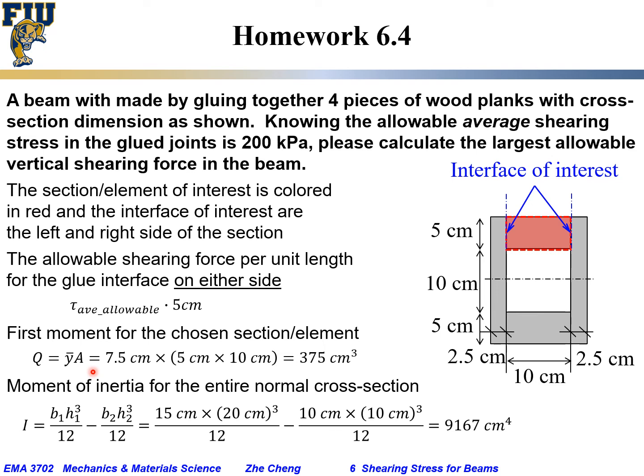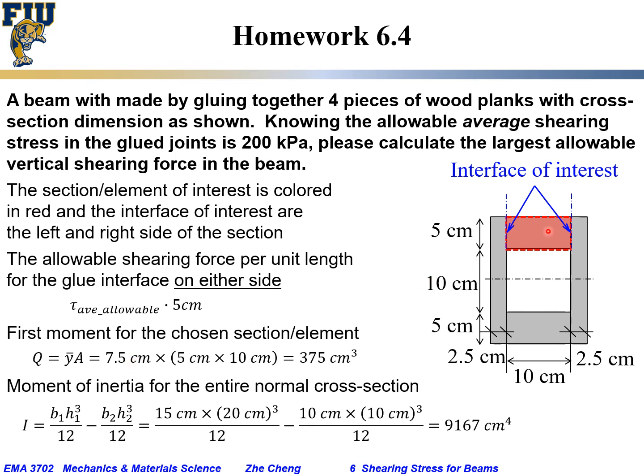So in this case, the neutral surface, because of the symmetry, definitely would be in the center, and the y bar would be the center for this shaded area. To the center, it will be half of this term, which is 5, plus half of 5 centimeter, 2.5. It will be 7.5 centimeter. That will be our y bar.